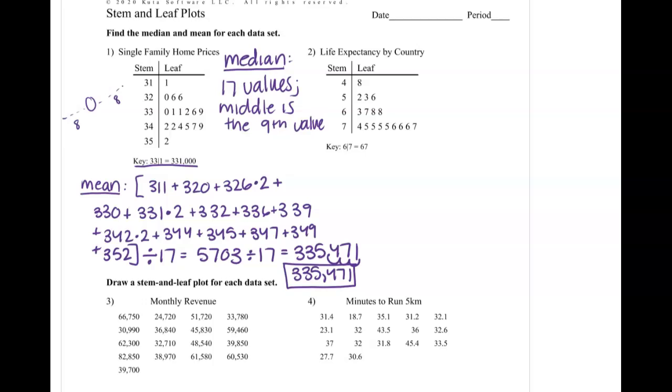So for the 9th value, we can just count. 1, 2, 3, 4, 5, 6, 7, 8, 9. So our median is 336. Add 1,000 to that, so it's 336,000. Okay, I'll have you do number 2 on your own at some point and check your answers with the key.